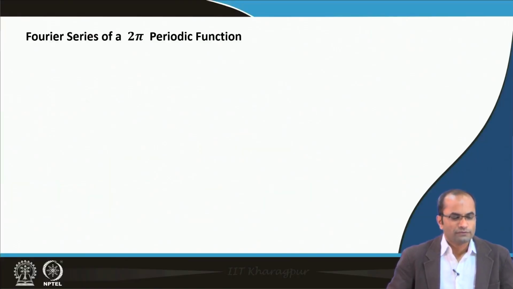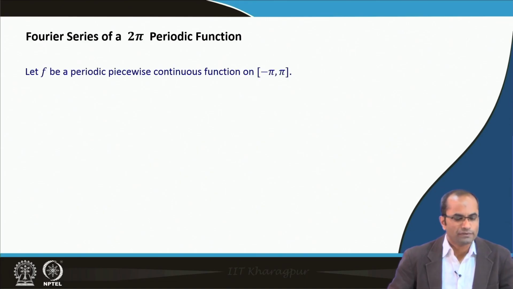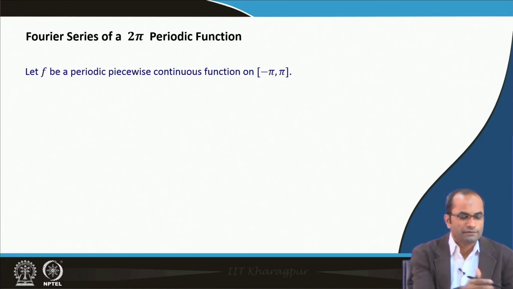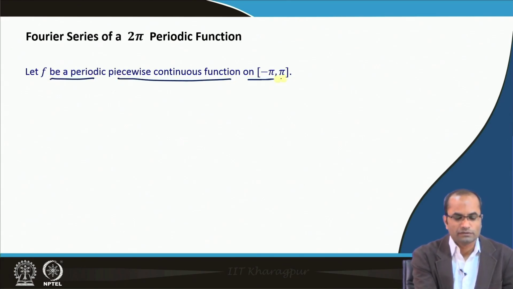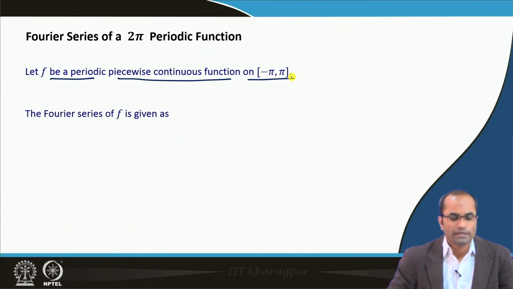Just to recall, the Fourier series of a 2 pi periodic function we have discussed in the previous lecture, and suppose this f is a periodic piecewise continuous function on the interval minus pi to pi.